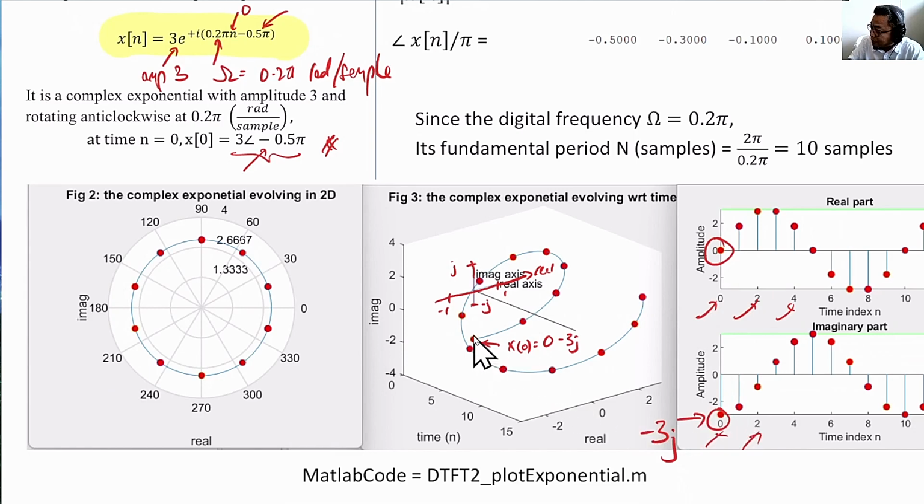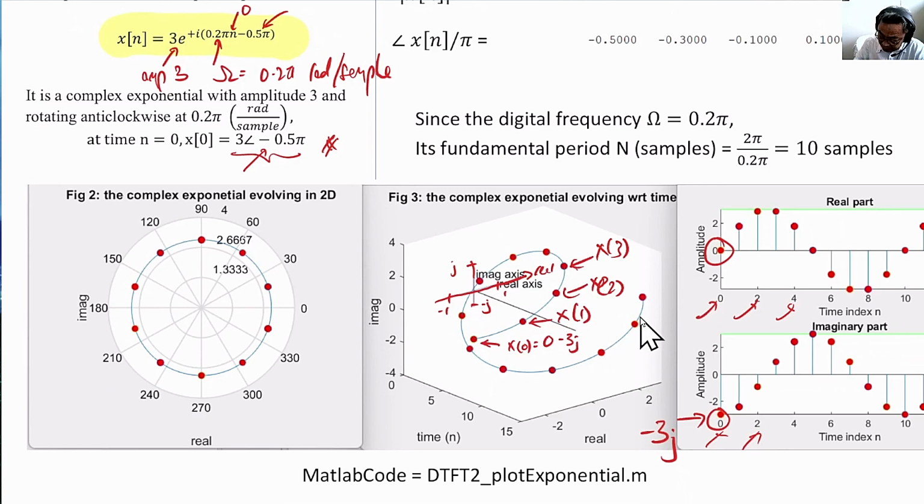So this point to this point is x1, this is x2, this is x3, and so on. You'll see that the complex exponential is rotating anti-clockwise.